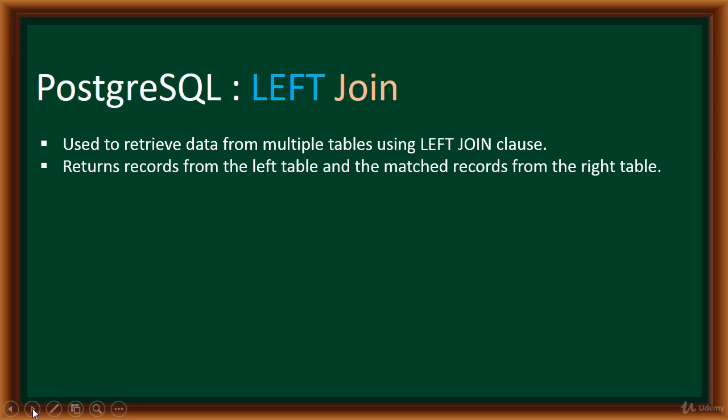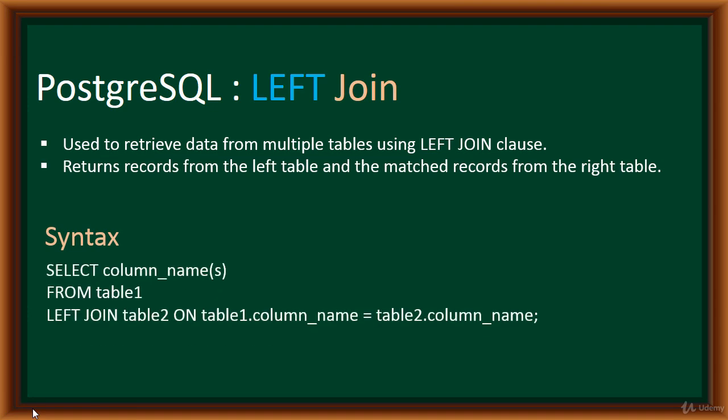Let's have a look at the syntax on how you would write a left join. So this is the syntax. Basically, you start with a select keyword and the column names, and you select the first table, which is the table on the left, and then you left join the second table on table 1 dot the column name from table 1, and you set the column name from table 1 to match the column name in table 2.